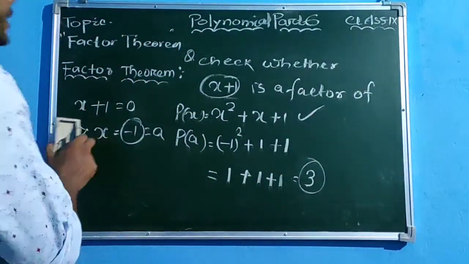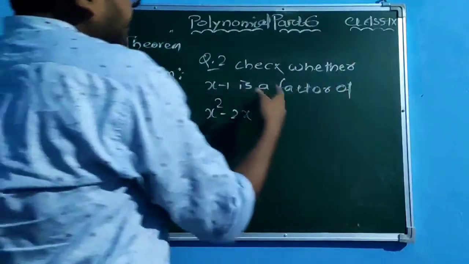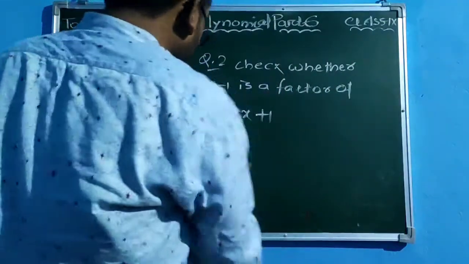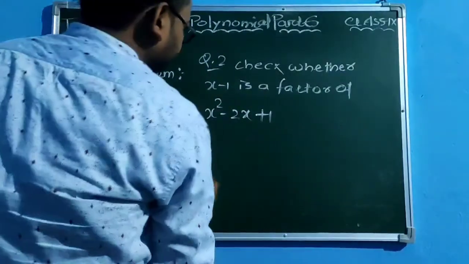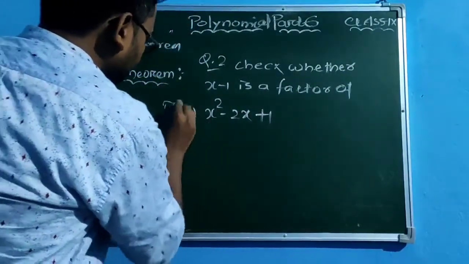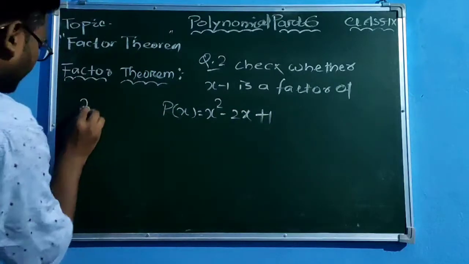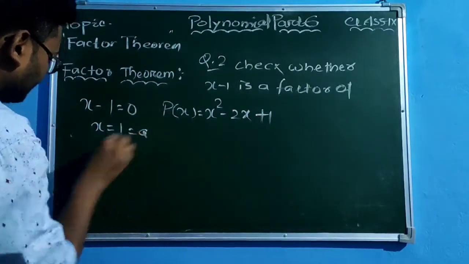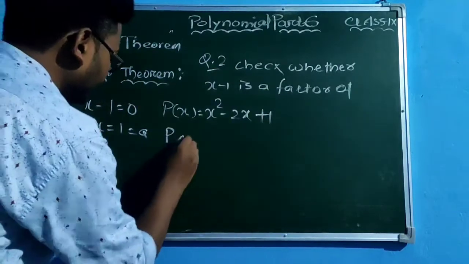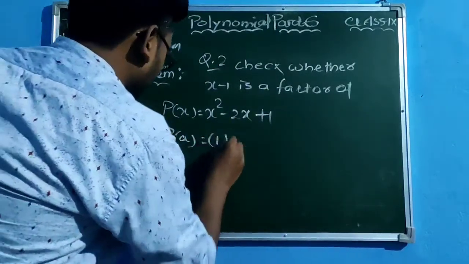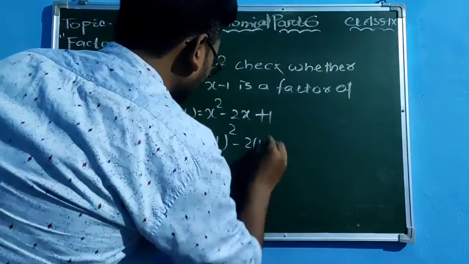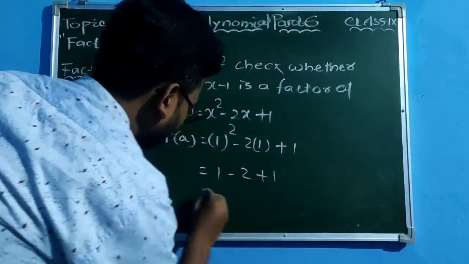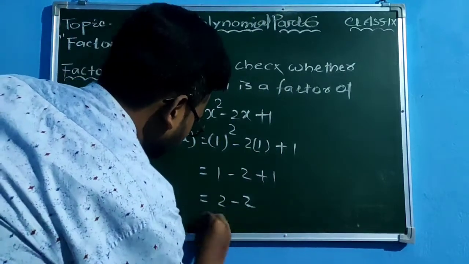Now check another example, whether x minus 1 is a factor of x square minus 2x plus 1. Here p(x) is equal to this much. Now a will be 1, so p(a) will be 1 minus 2 plus 1, which is 0.